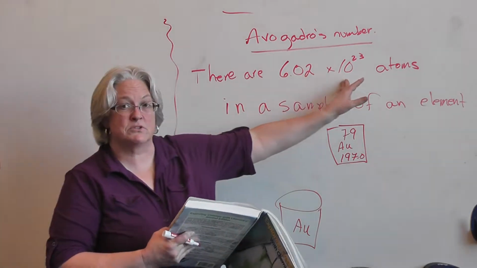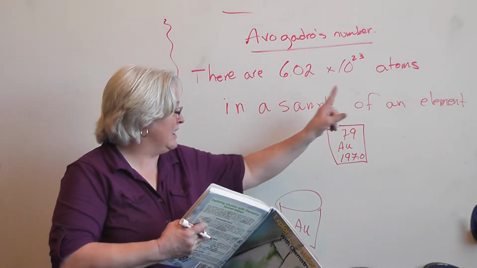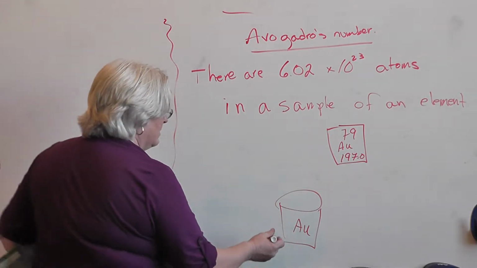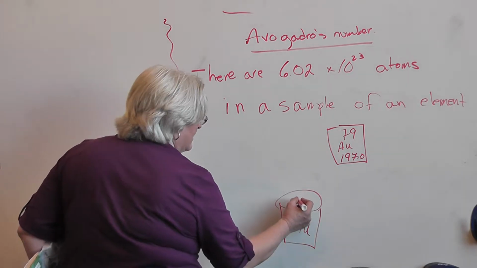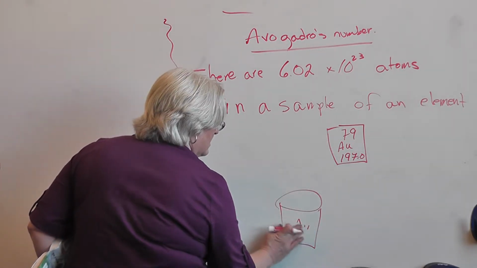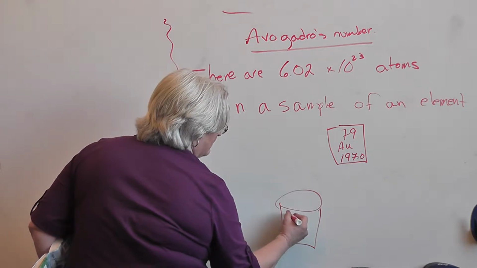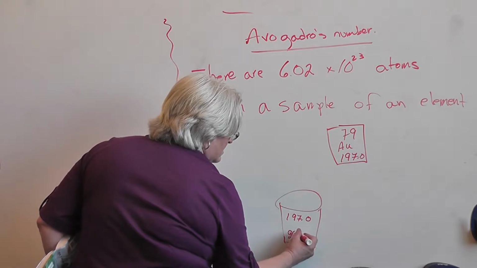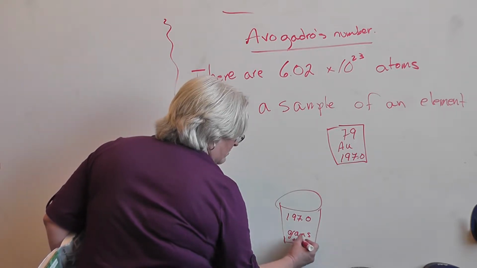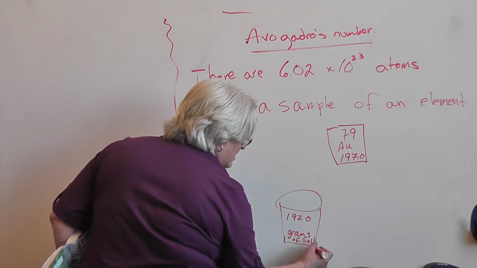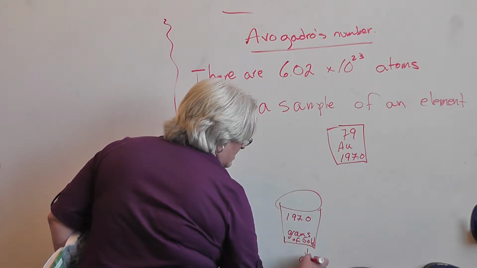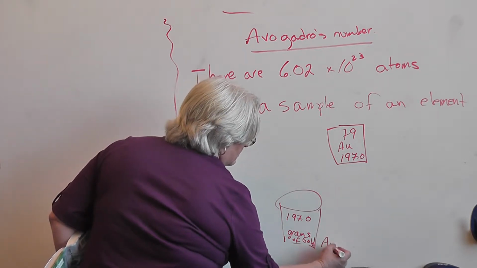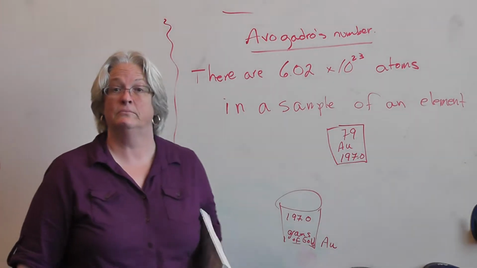There are 6.02 times 10 to the 23rd atoms in a sample of an element. And we're going to have this element right here be gold, where you have the same number of grams of that sample. So we're going to have 197.0 grams of gold. And I'm going to write out gold so that you remember that gold is Au. Okay, you see this?